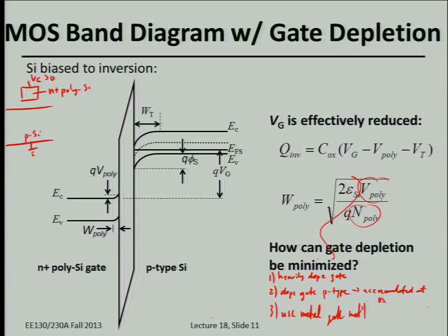The nice thing about the accumulation layer is that it has mobile holes, and the thickness of that mobile hole layer can be very thin. So you don't need much band bending in the gate to get that mobile charge at the interface with the oxide. Basically, if you use a p-type polysilicon gate, you can minimize the band bending in the gate.